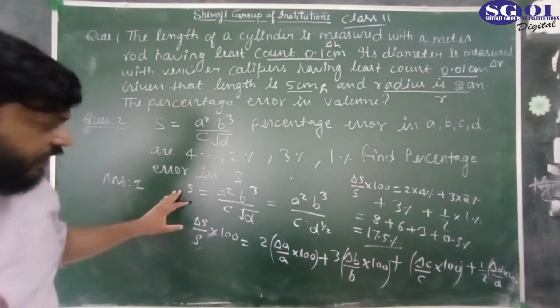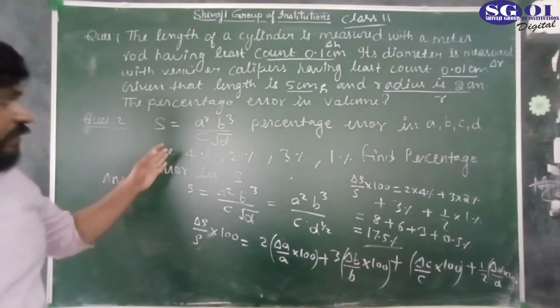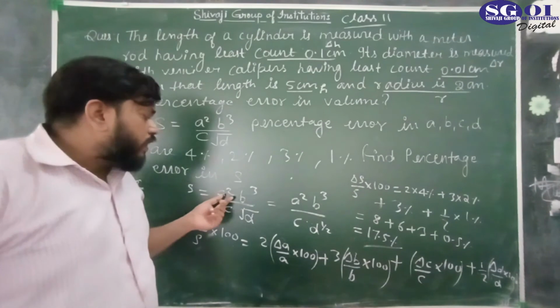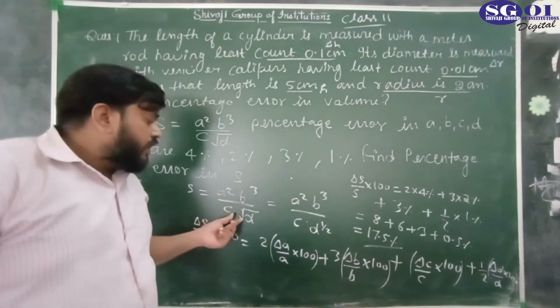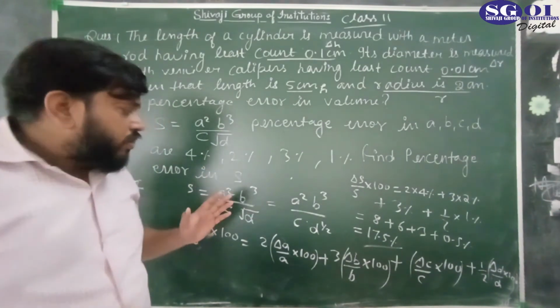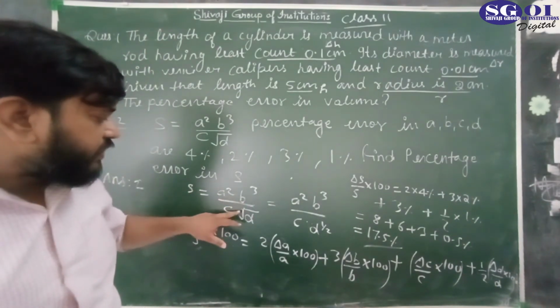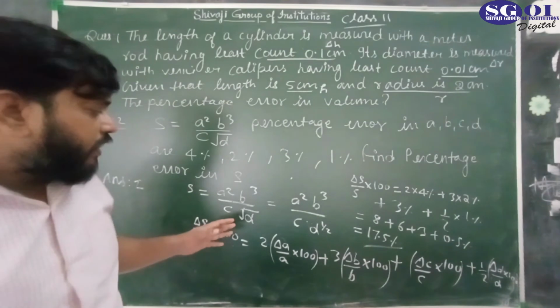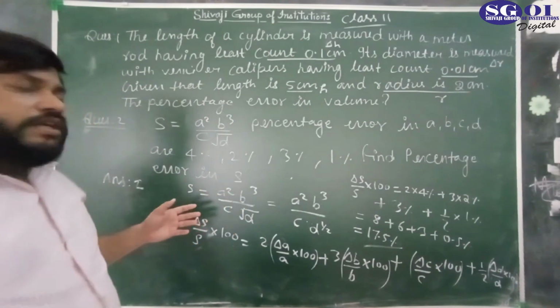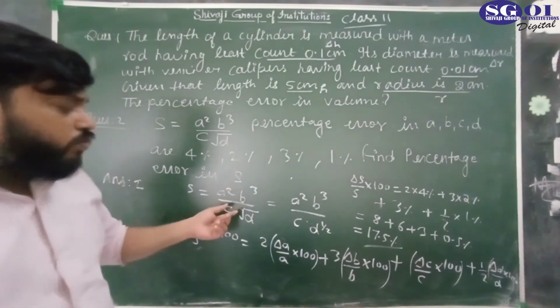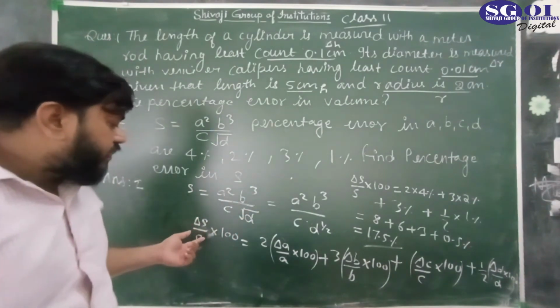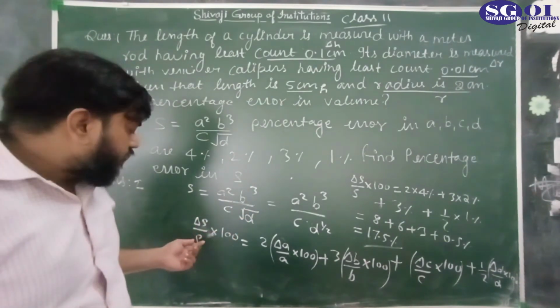So you have seen this particular numerical problem is also related to the concept of combinations of error. The expression given was s equal to a square b cube upon c under root d. In this expression, there is multiplication, division and exponent, and the error related to multiplication and division is in terms of relative error or percentage error.